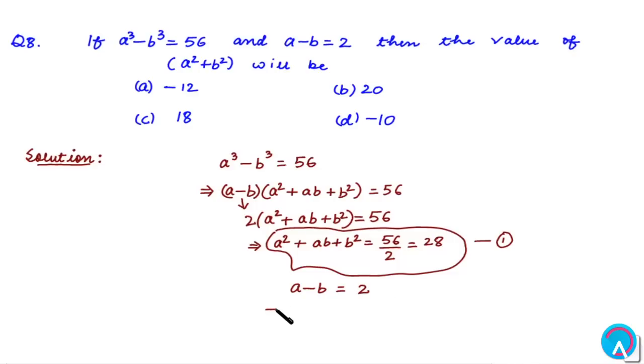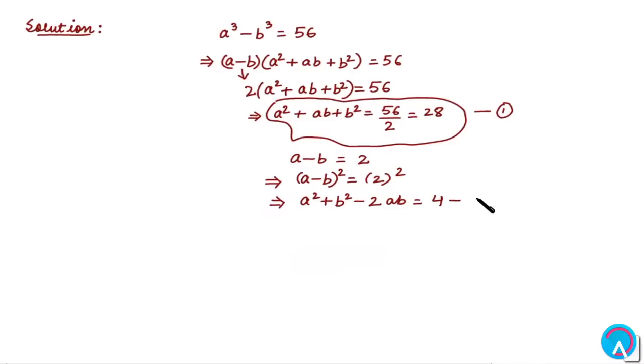If we square both sides here, let's see what happens. Then we will have a minus b whole square is equal to 2 square. This implies a square plus b square minus 2ab is equal to 4.